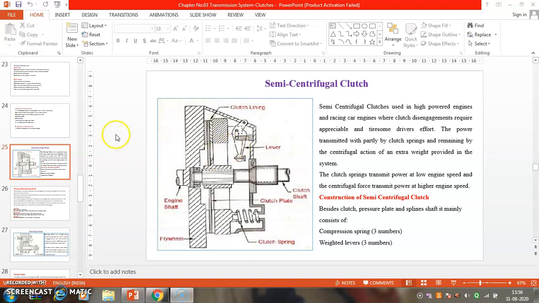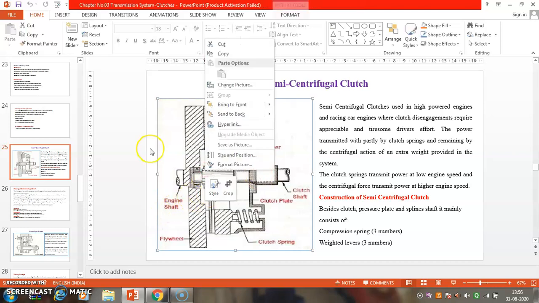In the previous lecture, we discussed the diaphragm clutch and the difference between the diaphragm clutch and the single plate clutch. Now, in today's lecture, we are going to discuss the semi-centrifugal clutch and the centrifugal clutch.